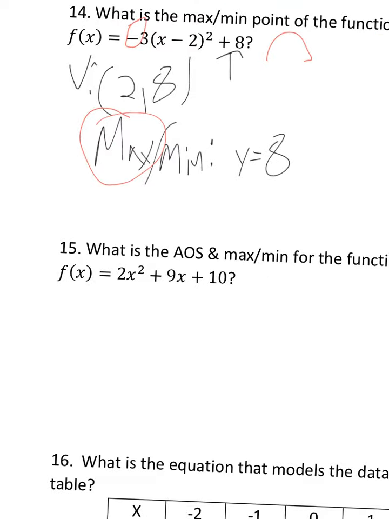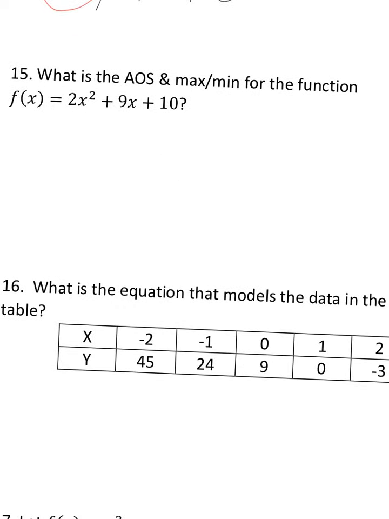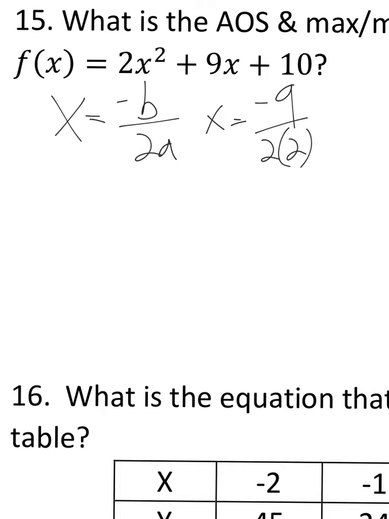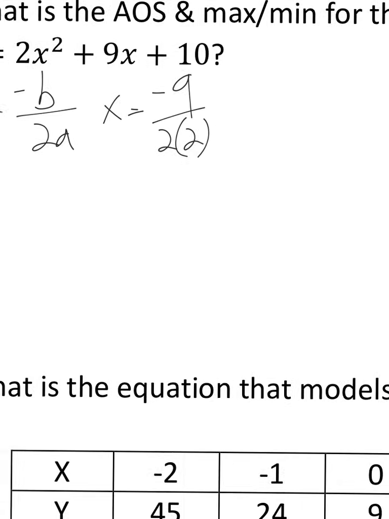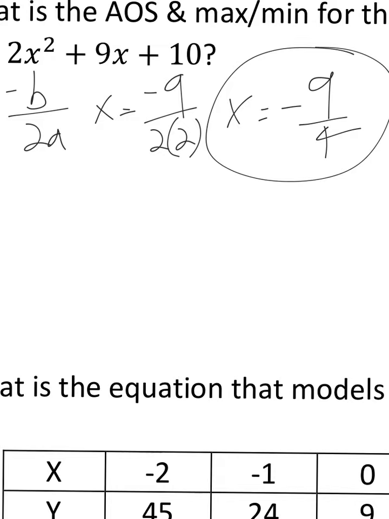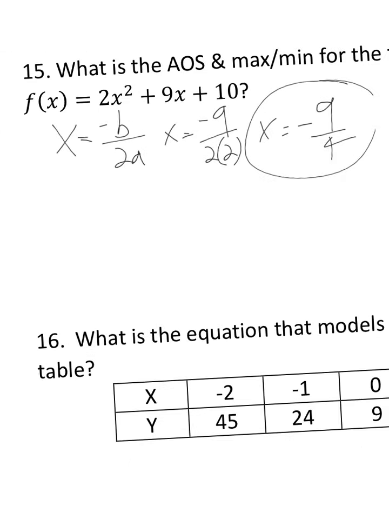All right, excuse me. What's the axis of symmetry and max or min for the function of this? So this one is in standard form, so you have to do x equals negative b over 2a. So you say x equals negative 9 over 2 times 2, which means x equals negative 9 over 4. All right, so it's going to stay a fraction. You could put it in a decimal, but I'm going to keep it as a fraction. So then we go to our calculator and we plug in.